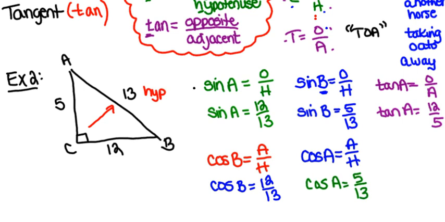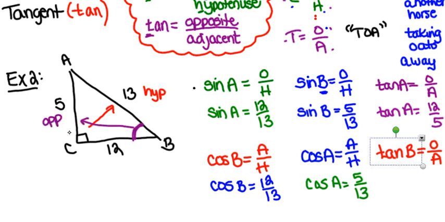And lastly, if we wanted to find the tangent of angle B, tangent, remember, is opposite over adjacent. So looking at the picture now, my reference angle would be angle B. Opposite angle B would be side AC. So adjacent to angle B would be side CB.